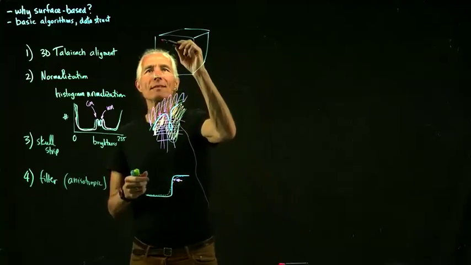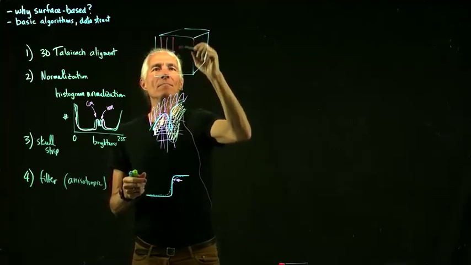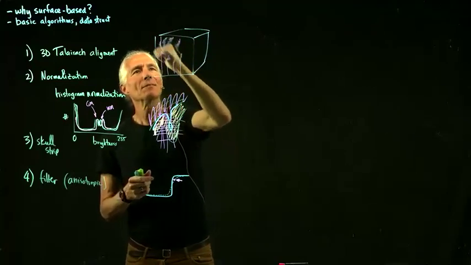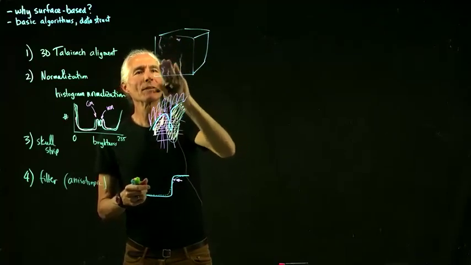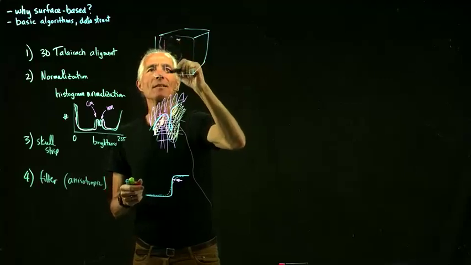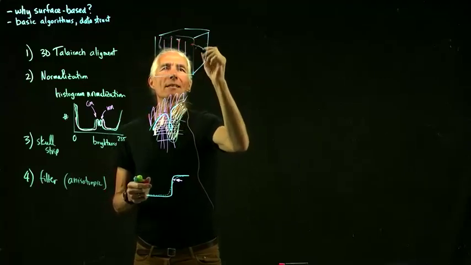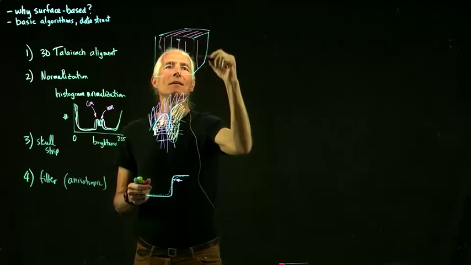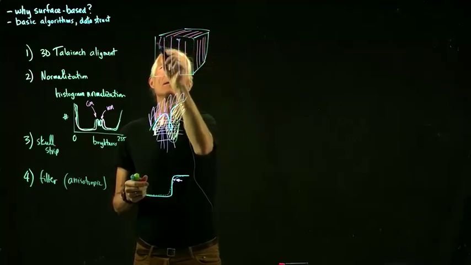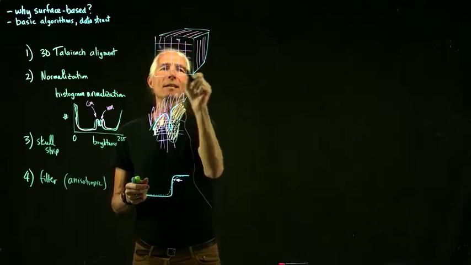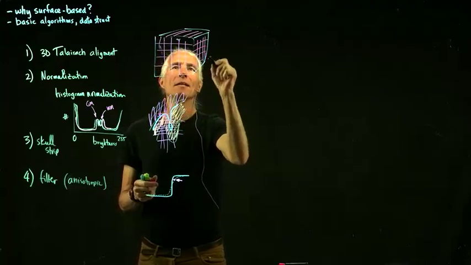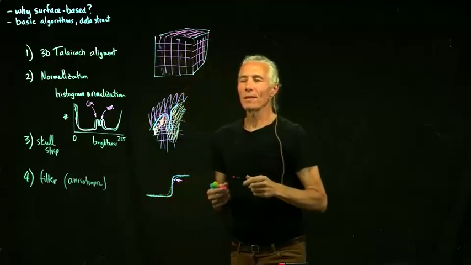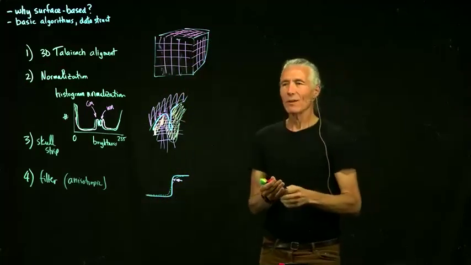So what we could do instead is take a little chunk of data. We don't know where the surface is yet, so we just take a little chunk of data like this, a little 5 by 5 chunk, and go through it and try to find the plane of least variance.